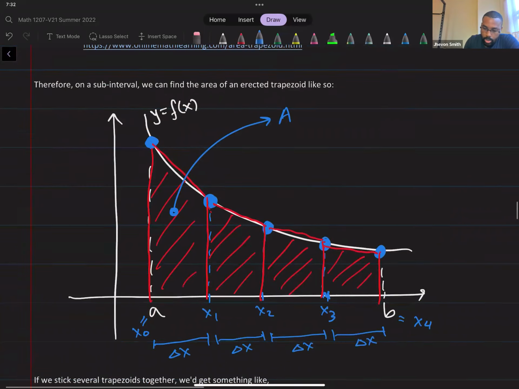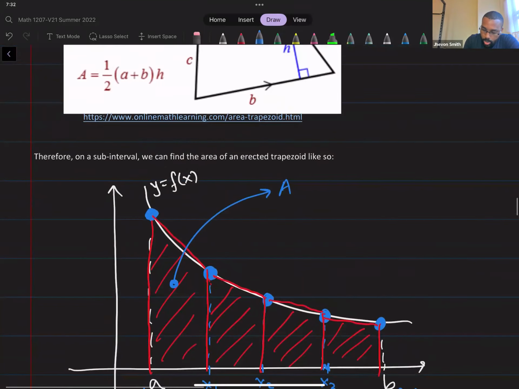Okay, so if I go along with this formula, this is going to be 1/2 the sum of the two parallel sides, which is given by f evaluated at that value, which gives you the height. So this part would be f of x0 plus f of x1 times the distance between them. This next area is very similar: 1/2 times f of x1 plus f of x2 times the distance between them, and so on and so forth.